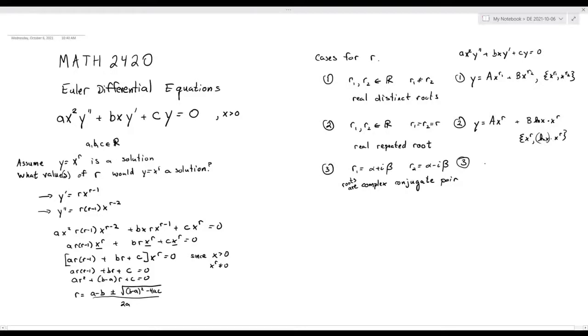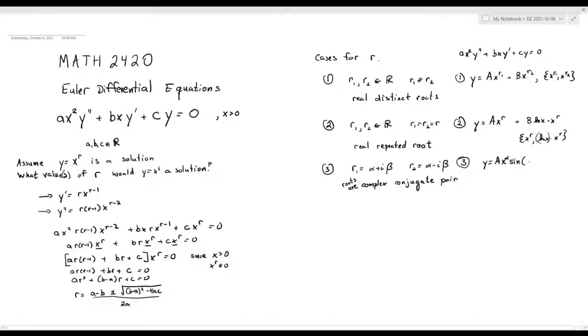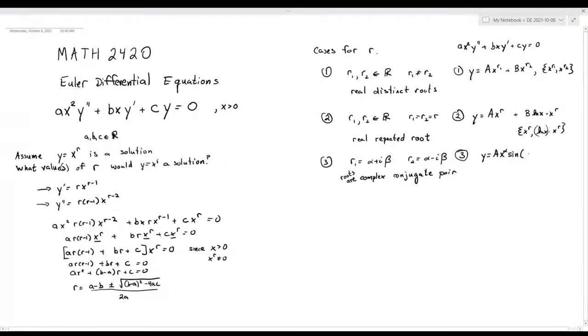The third case, where the roots are complex conjugates, your solution is going to be a combination of x to the alpha, which is the real part of your root, times, let's say, sine of beta log x. So that looks really weird and mysterious, but we'll again see why this is the form. So beta is the imaginary part.